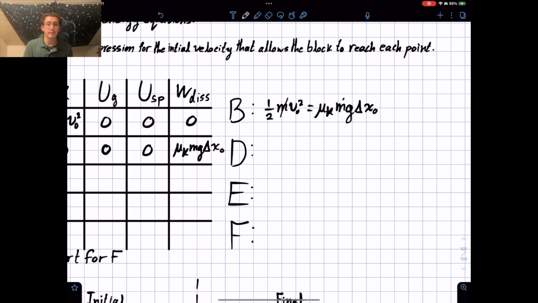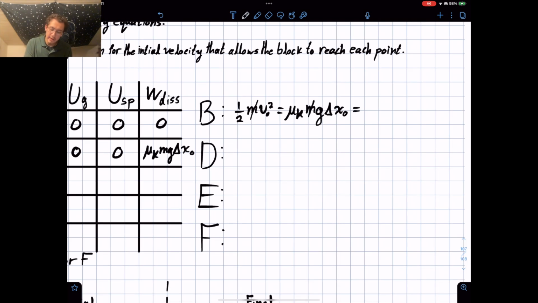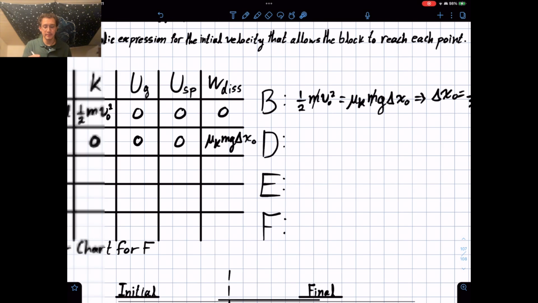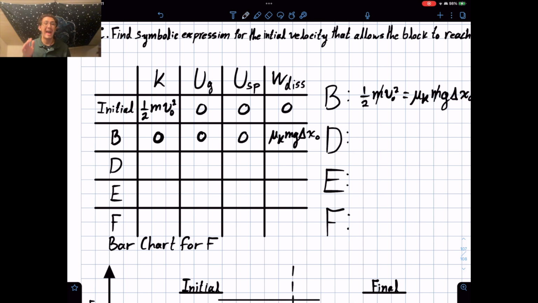The m's actually cancel here, so the mass doesn't actually matter. What we could actually calculate here, which we don't otherwise know, is delta x naught is going to be equal to v0 squared over 2 mu k g. Now let's go to D and assume that we stop at D.